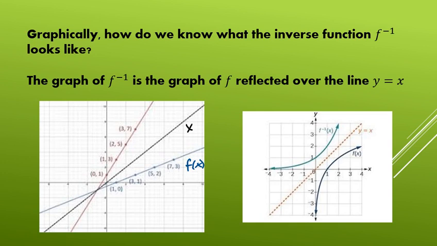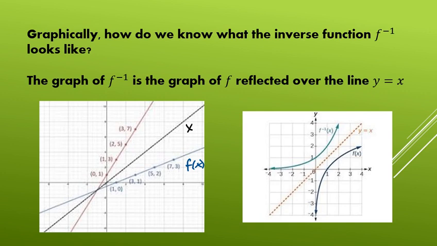So here we also have some points listed, so we can refer back to what we just did, and we can plot the corresponding points that will lie on the graph of the inverse function. (1, 0) goes to (0, 1), (3, 1) goes to (1, 3), (5, 2) goes to (2, 5), and (7, 3) goes to (3, 7).